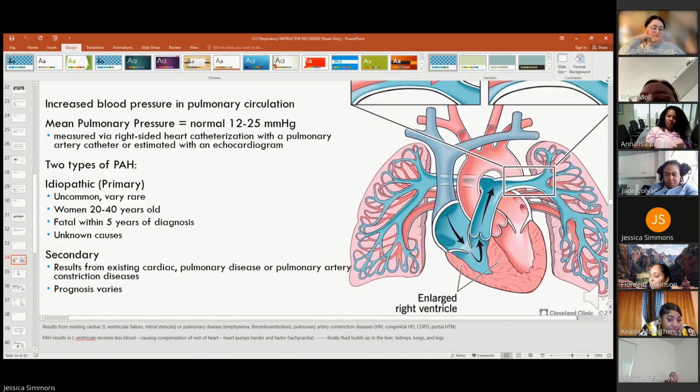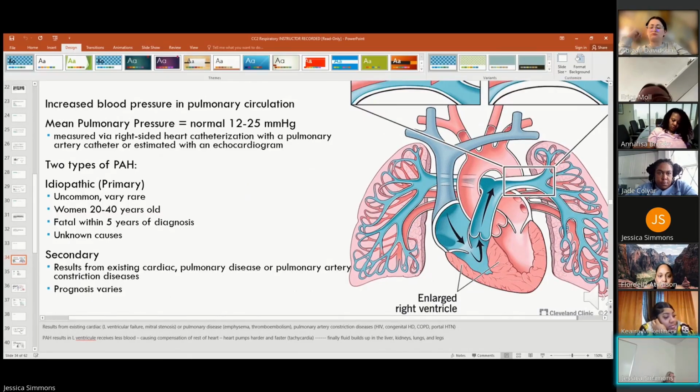Portal hypertension occurs from the liver, from the portal vein of the liver. And it's just another type of hypertension. I learned yesterday that emphysema is actually a type of COPD. I didn't know that.